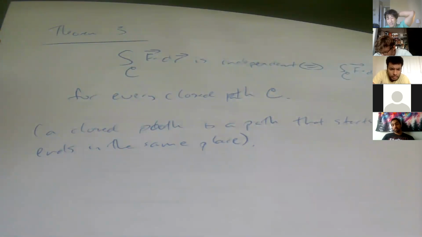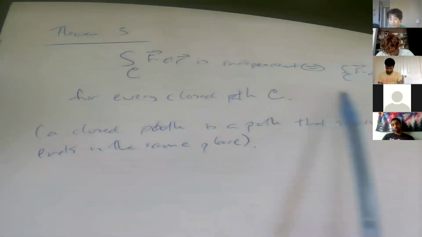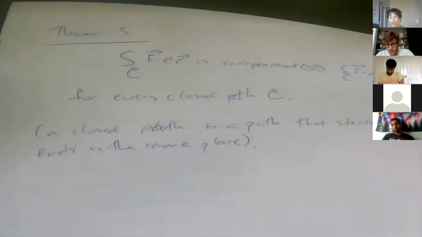Okay, does that make sense? All it says is if my integral is path independent, this can only happen if I get 0 when I go in a circle or a loop or whatever convoluted thing I want to go to. As long as I start and end in the same place, I'll get 0.